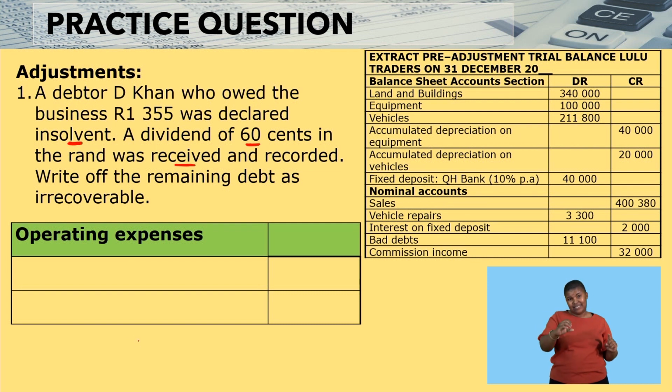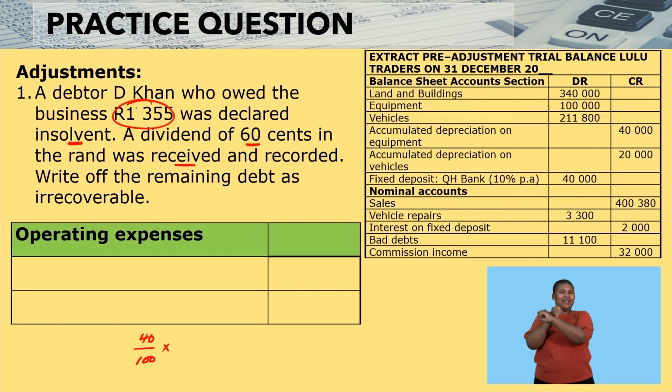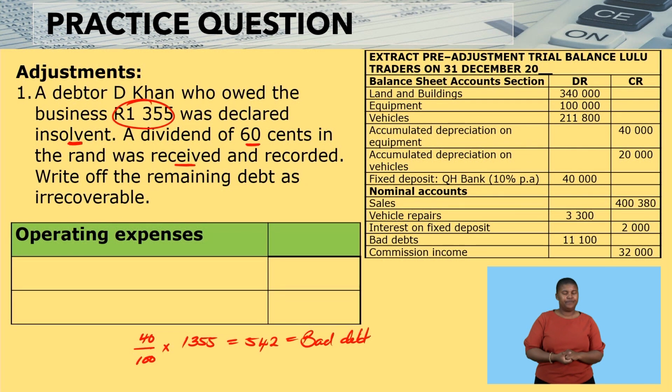So I say 40 over 100, multiplied by the debt that they were owing us, which is 1,355. That will give me 542. That 542 is what I call bad debts.